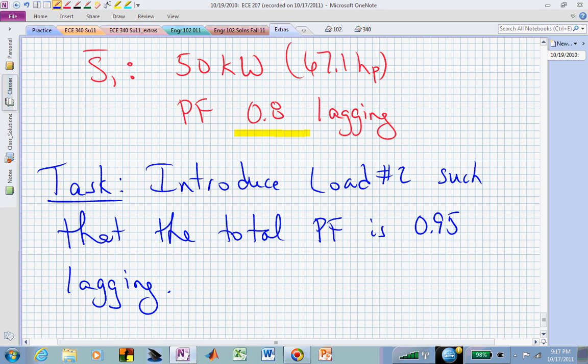So we're not moving it beyond 1 in going capacitive, but we want to bring the power factor closer to the ideal of 1 by the addition of this second load.